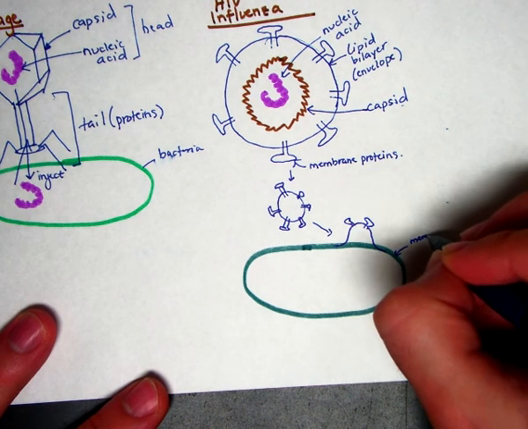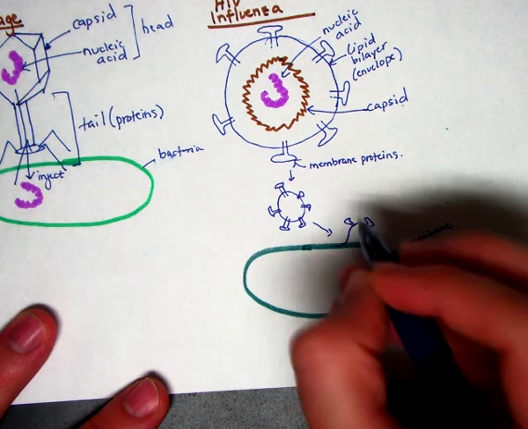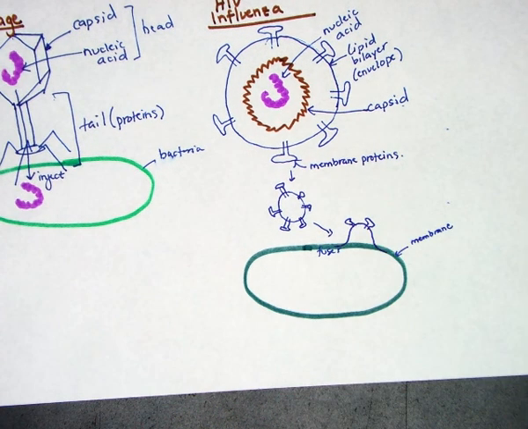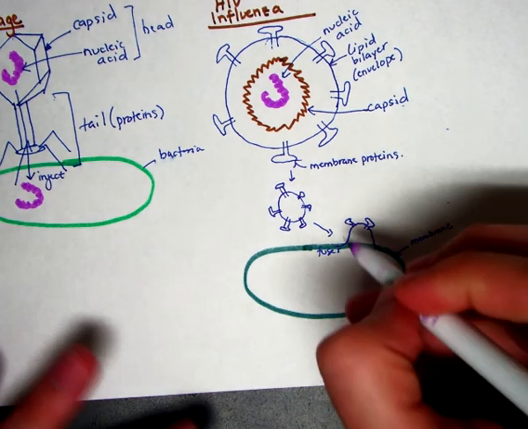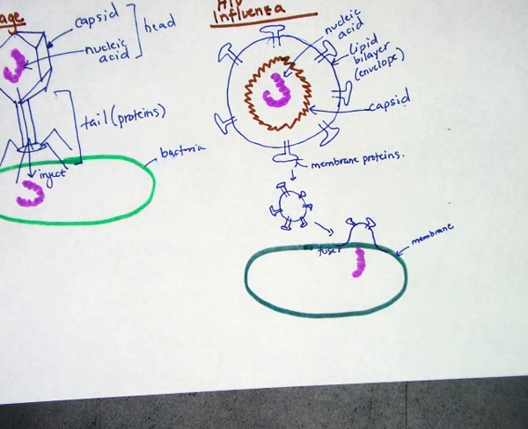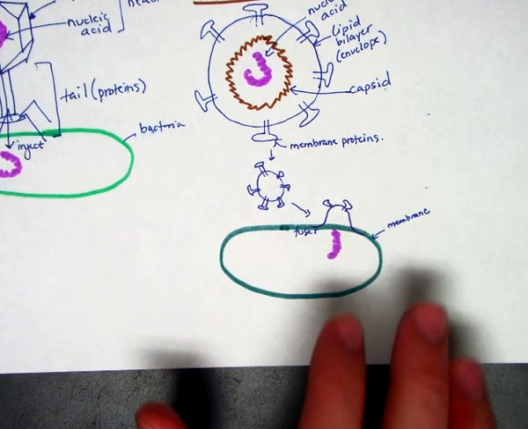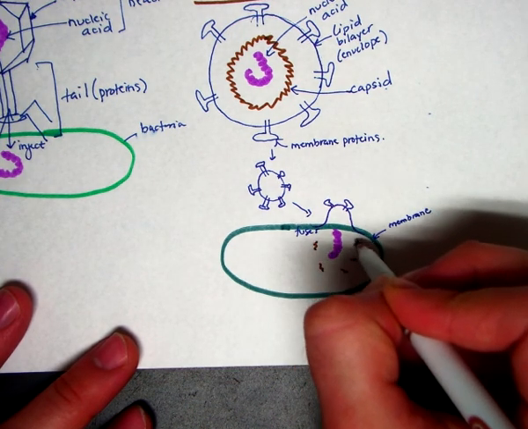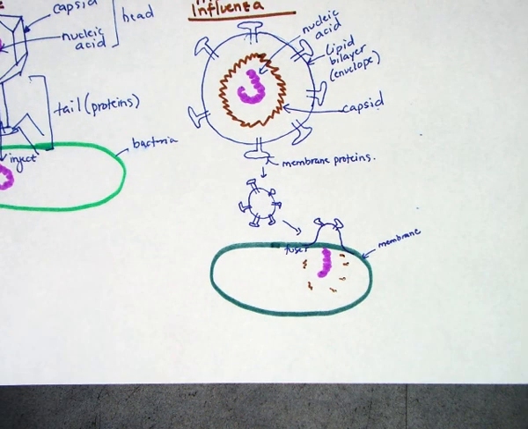Right? We also have a membrane on the cell here. It fuses and dumps all of its components inside of the cell. You also get elements of the capsid in there as well, right?